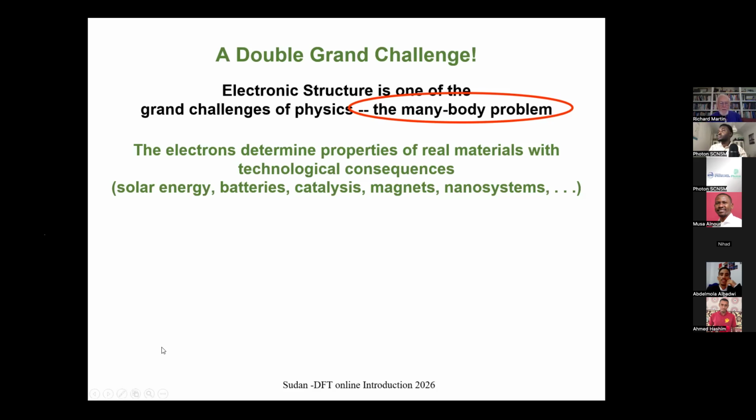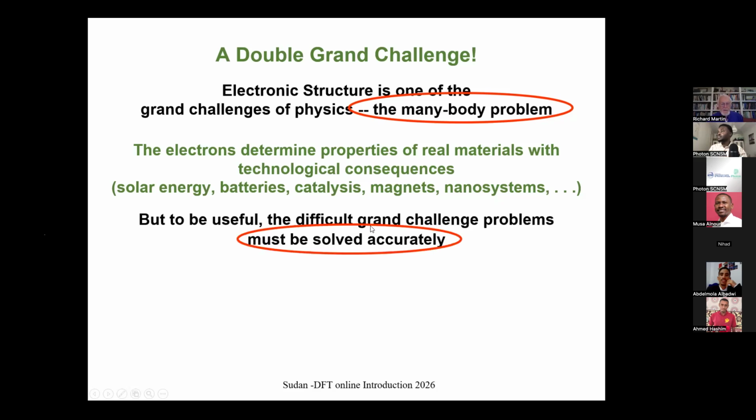And the importance is that the electrons determine all these properties that we've talked about in the last slide. But to be useful, it's got to be accurate. So there's two things. It's a difficult problem, and it must be solved accurately. So it's really a double problem.